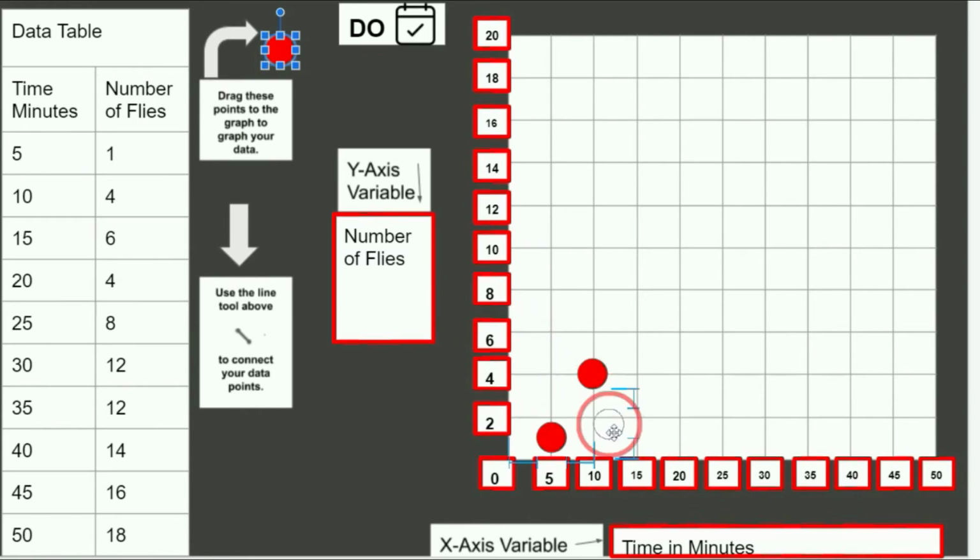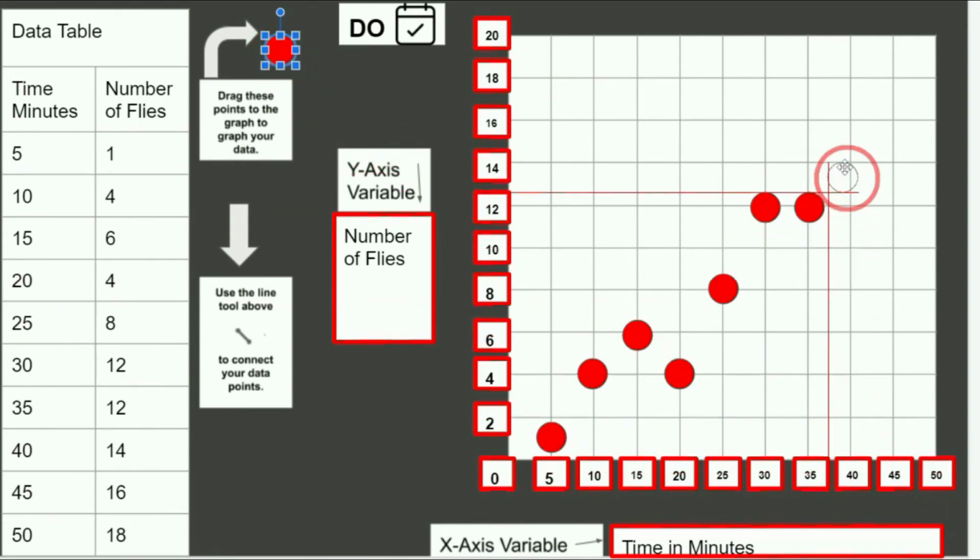15 minutes, I have 6 flies. 20 minutes, I have 4 flies. 25 minutes, I have 8 flies. 30 minutes, I have 12 flies. 35 minutes, again I have 12. 40 minutes, I have 14. 45 minutes, I have 16.